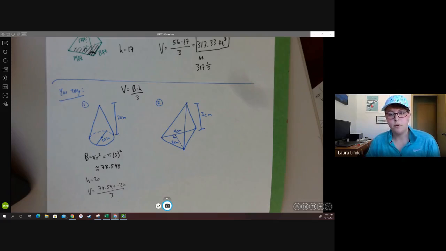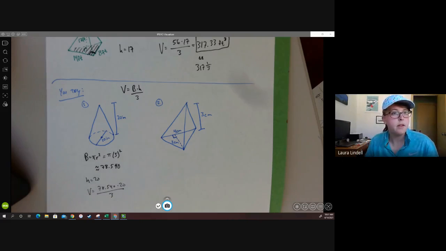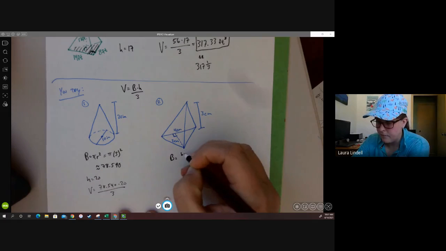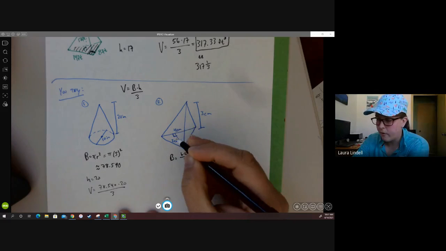All right, on the first one, we should have gotten that the height is 20 inches. So then 78.540 times 20 divided by 3. And on the second one, we should have noticed that the base is a triangle, so it's going to be base times height divided by 2, with our base and height of 4 and 2.